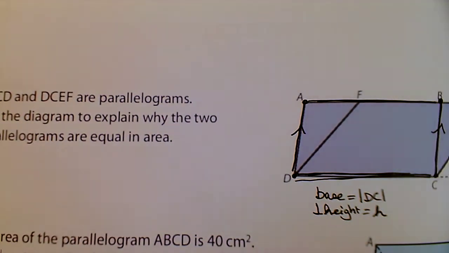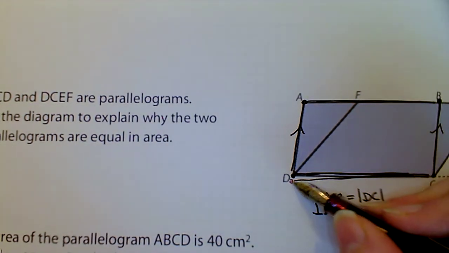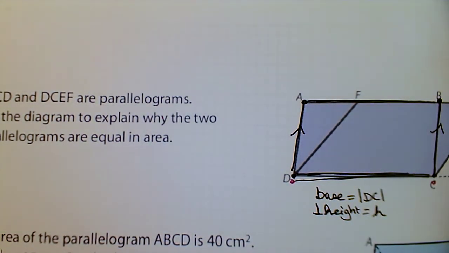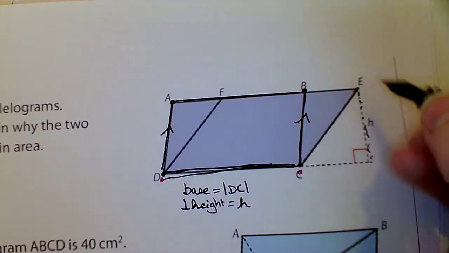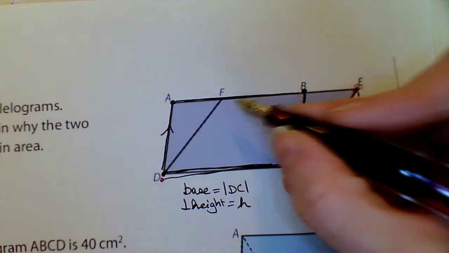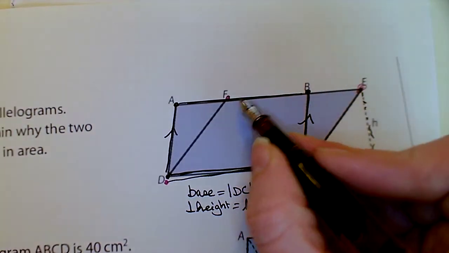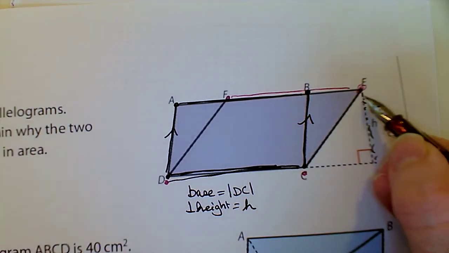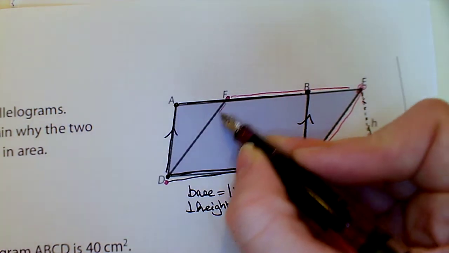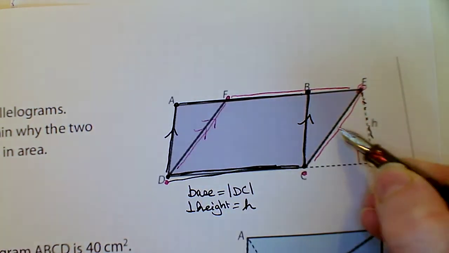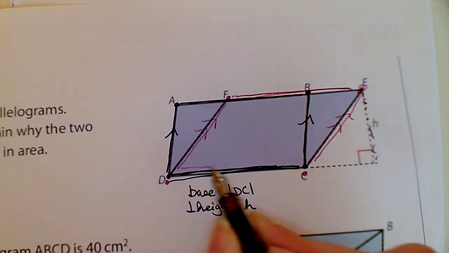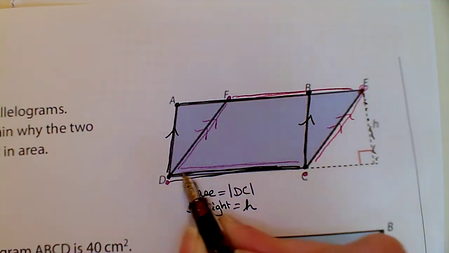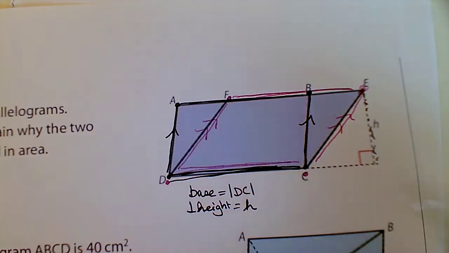The second parallelogram is DCEF. So this parallelogram is the second parallelogram that we're talking about. And what you can see is that they share a side in common here.